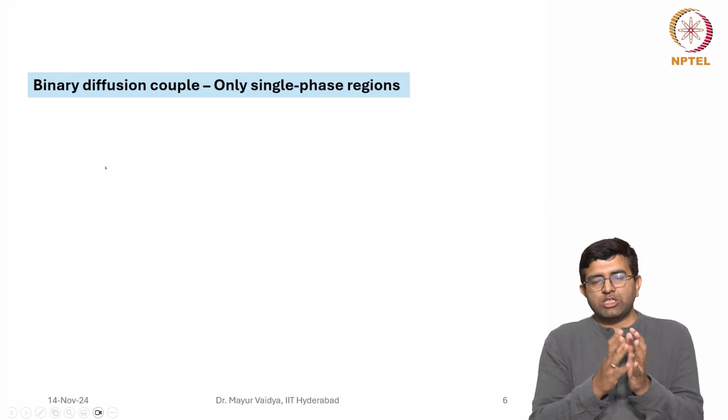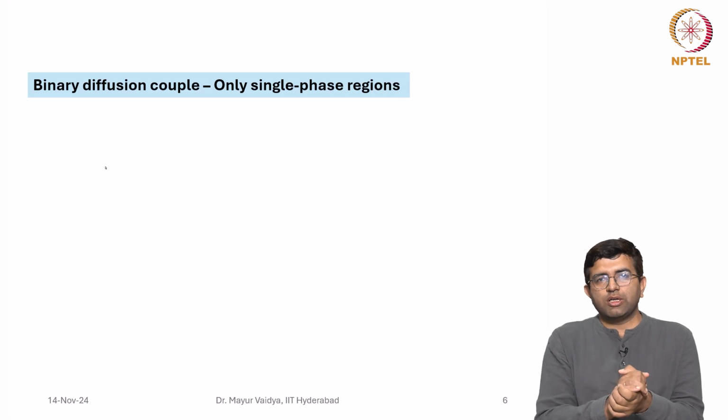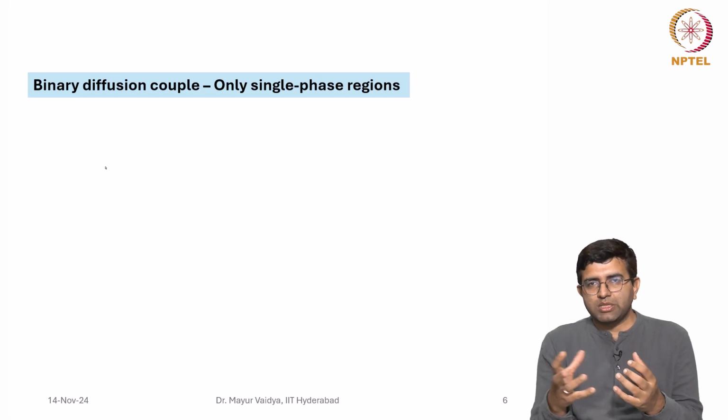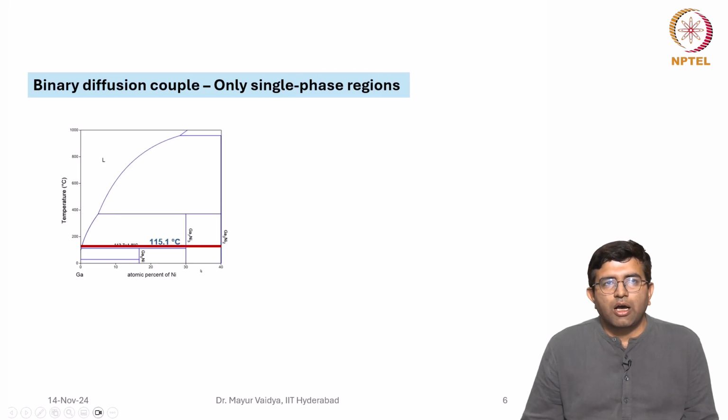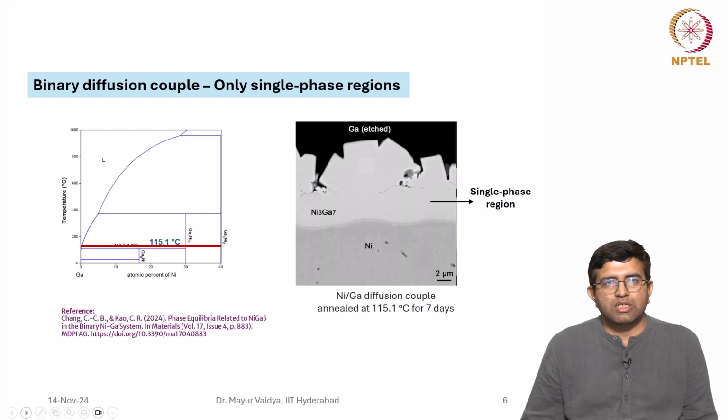Let me now tell you certain features of the phase growth that happens in the interdiffusion zone. The first being that in a binary diffusion couple, you will have only single phase regions growing. Let me show you this example. For example, this is a nickel gallium phase diagram, and this is the diffusion couple.